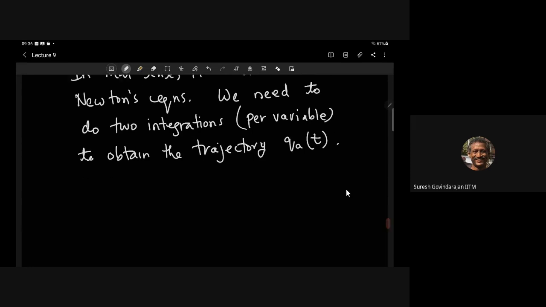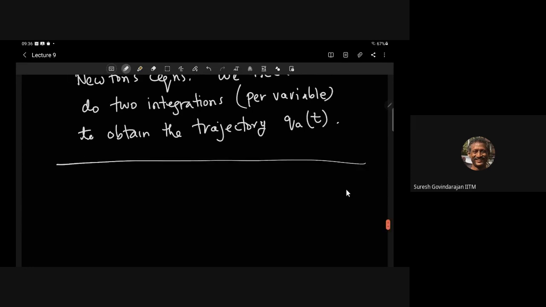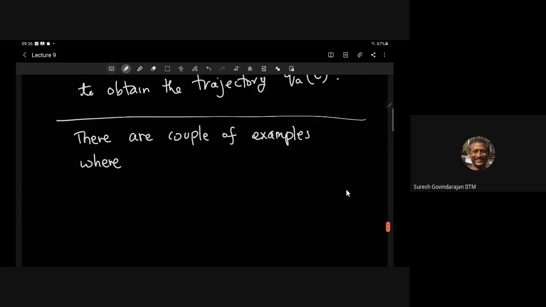Okay, but there are a couple of instances where there is a simplification. So let us look at both of them.